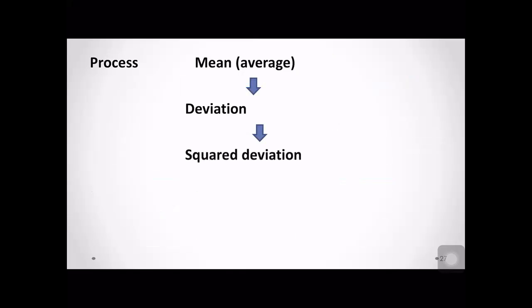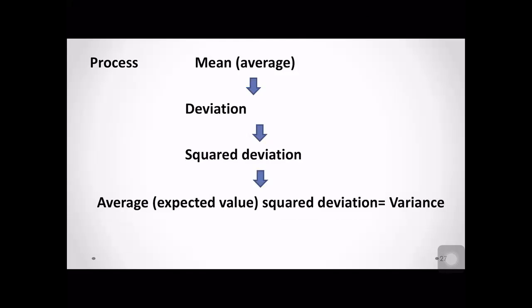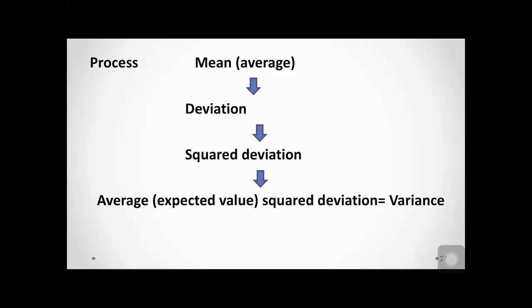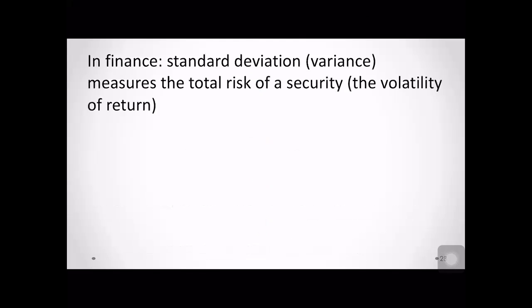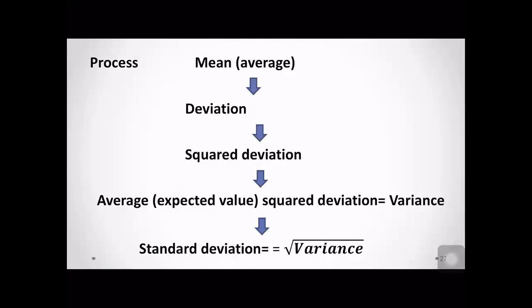Then take the square of the deviation. Then take the average. That is the variance. Finally, please take the square root of the variance and you get the standard deviation.